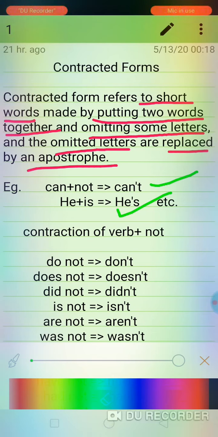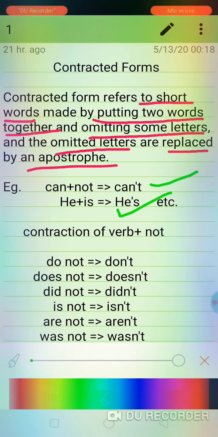Students, in the first example, we see that two letters from not, that are N and O, have been removed and an apostrophe has been put in place of N and O. Same as in the second example, I has been removed and an apostrophe has been put in the place of I. So this way we make contracted forms.